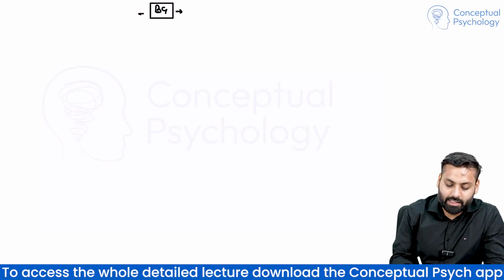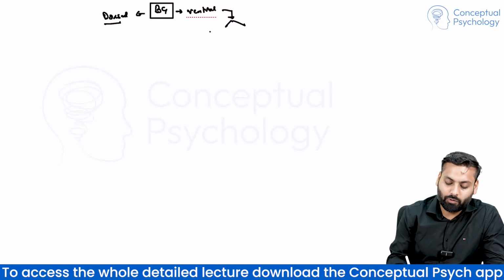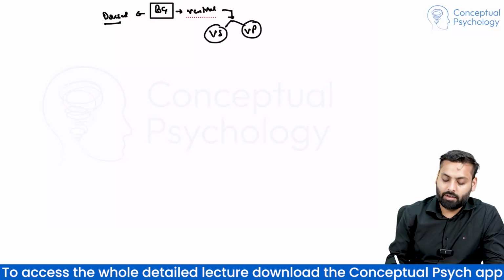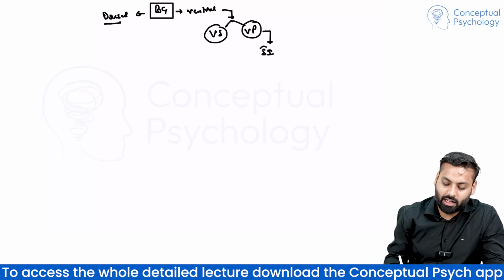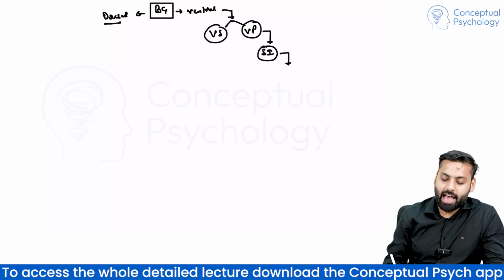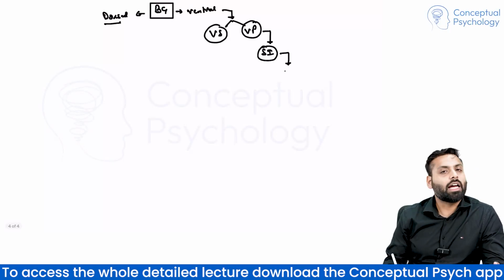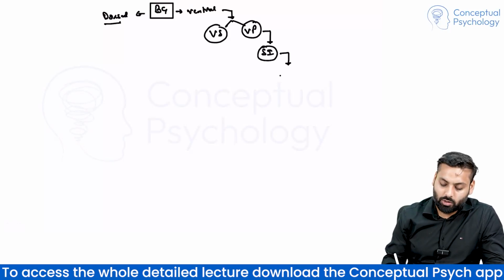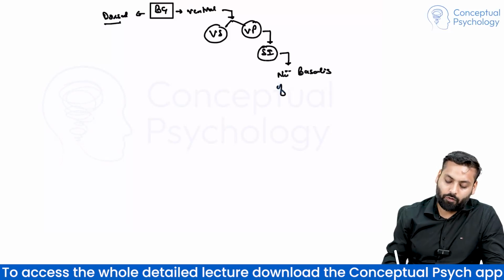We discussed that basal ganglia is divided into two parts: ventral basal ganglia and dorsal basal ganglia. Then ventral is further divided into ventral striatum and ventral pallidum. Ventral pallidum contains an area which is known as substantia innominata. This area has a collection of neurons, so it is known as nucleus basalis of Meynert.